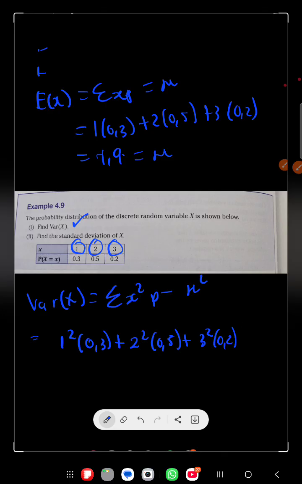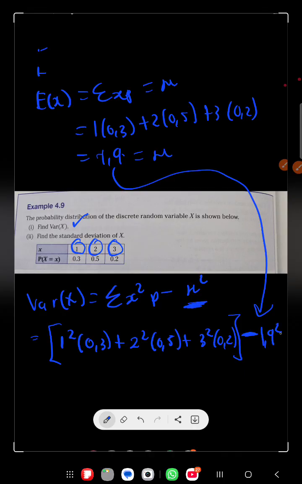You understand that? All of this added together, you subtract the mean squared. What is the mean? The mean was here, so 1.9 squared. Okay, and that should give you 0.49. Perfect sense, right? Of course, perfect sense.